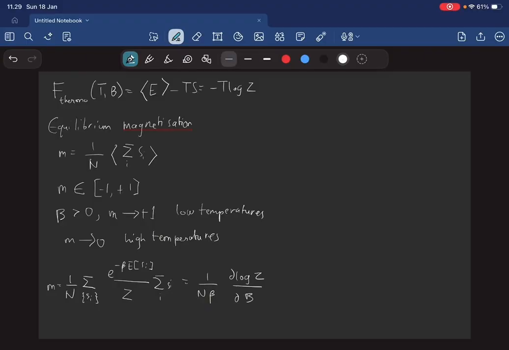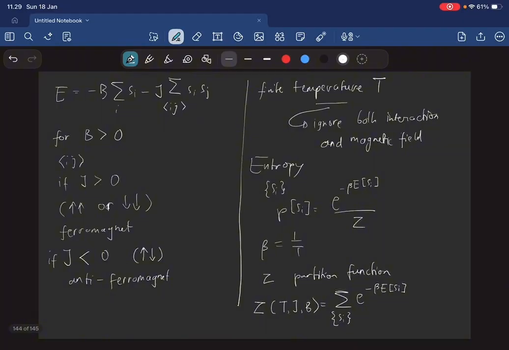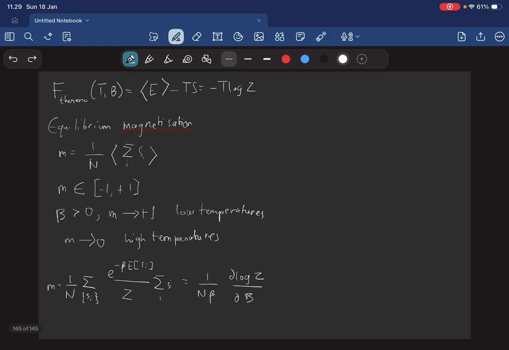Our task is now clear. We should compute the sum here. This is easier said than done. It turns out that the sum is straightforward in a D equals 1 dimensional lattice, and you will do this as an example.